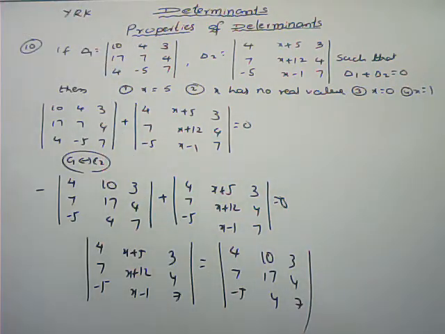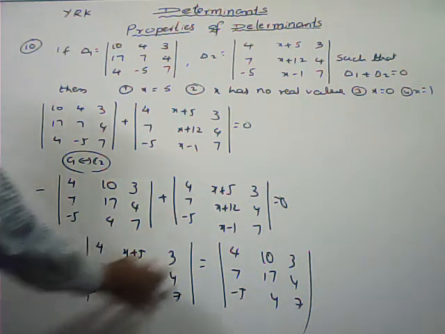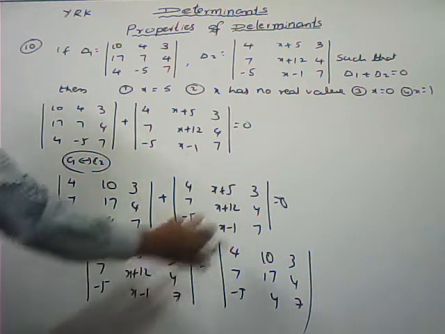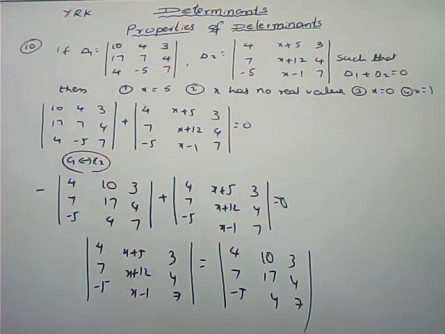So here both the determinants are equal, and all the elements in the first column and the third column are equal also.